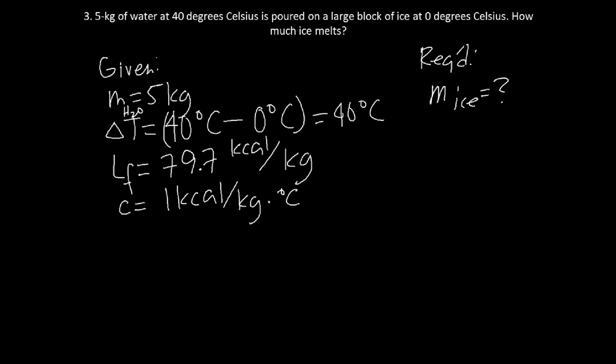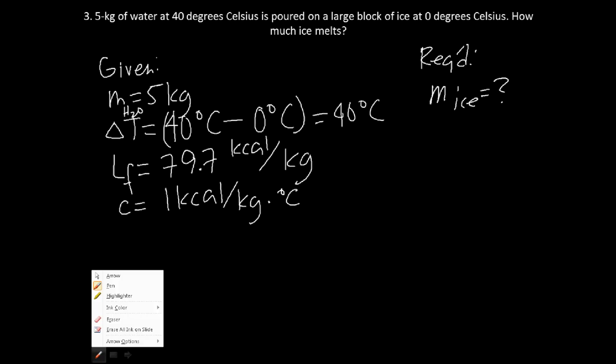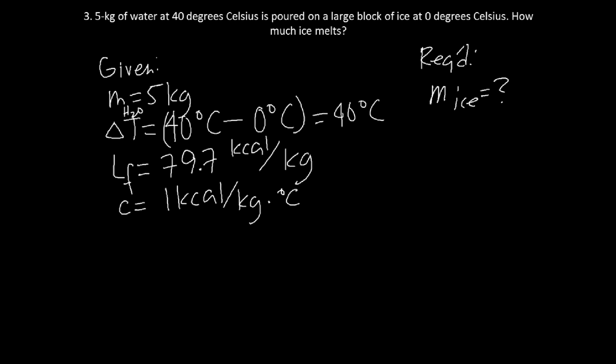So we're just going to change the color for this problem for the solution. So solution. In here we're going to use the popular Q loss is equal to Q gain.